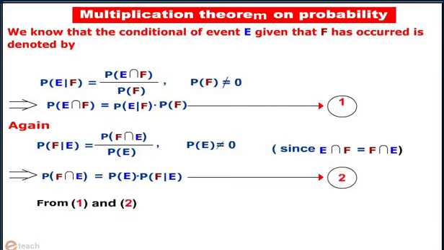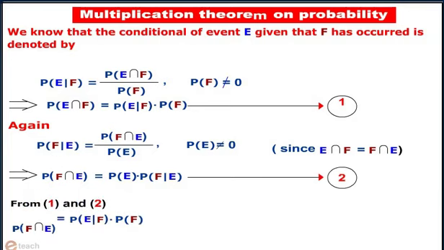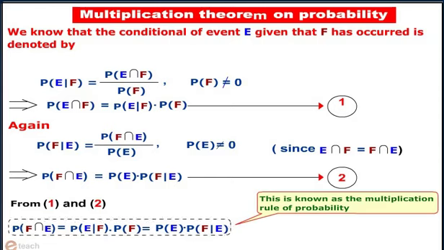Now from equation number 1 and equation number 2 we get probability of F intersection E equals probability of E given that F has occurred times probability of F, which is also equal to probability of E times probability of F given that E has occurred. This is known as the multiplication rule of probability.